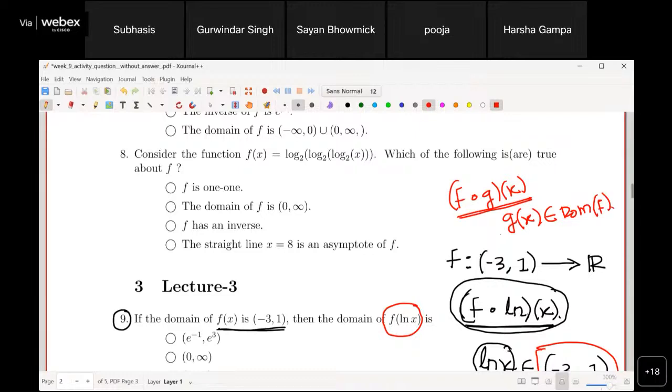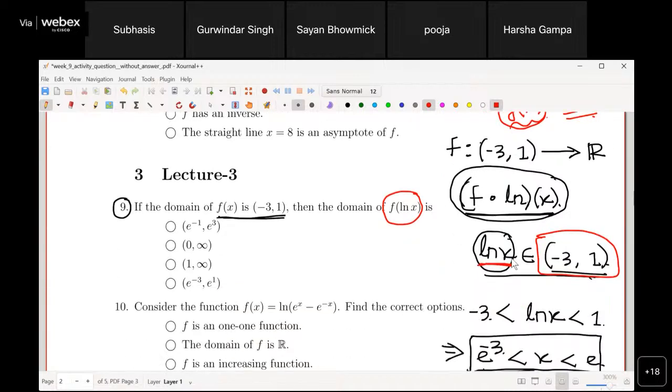G of x is an element in the range of G, X goes to G of x. So I want to find all the values of x for which G of x is an element in the range which is in the domain of F. Oh, okay.